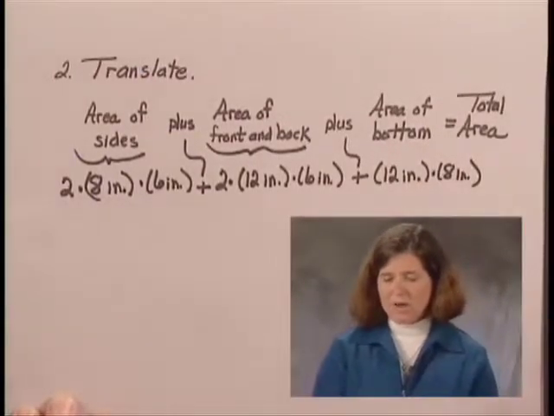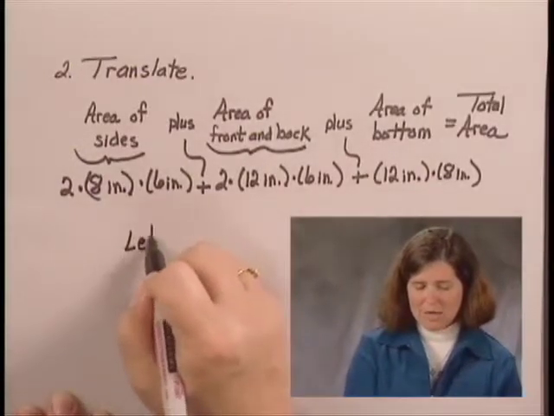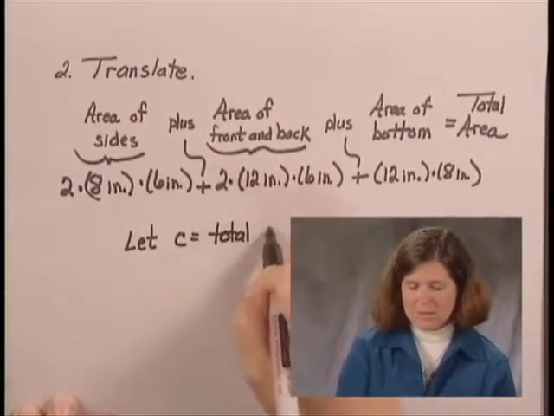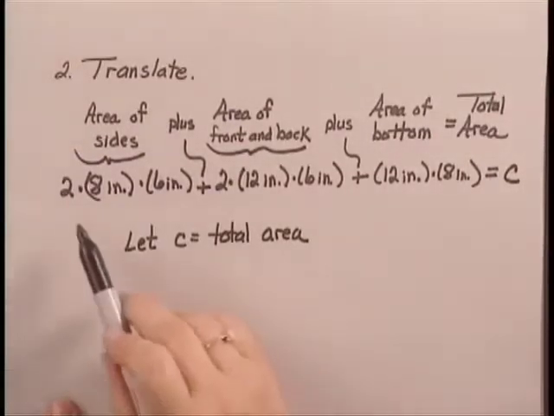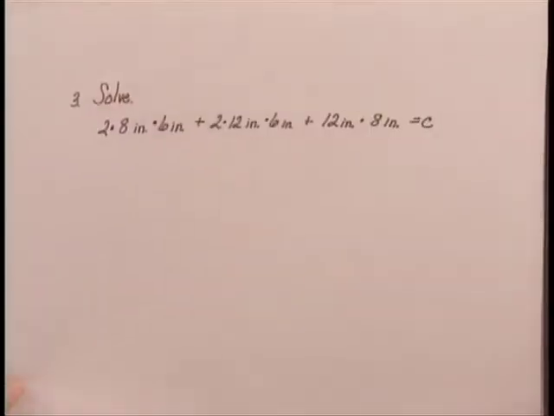And that equals the total area. I should have defined a variable in the familiarize step, but I'll let C equal the total area of the box. And I'll let this equal C. Now that I have an equation, I can move to my next step, which is to solve the equation.